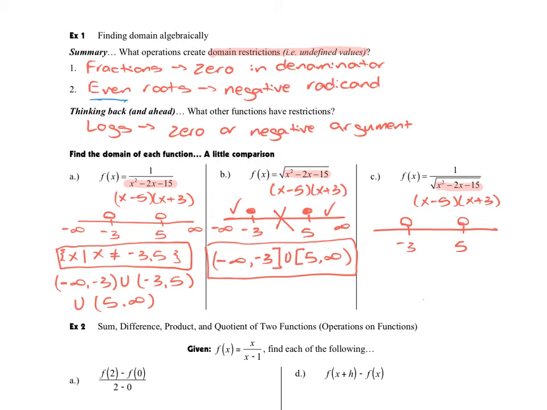Then I would test each of the intervals just like I did in example B, and I would find that the radicand remained positive in these outer intervals, and the radicand became negative in the middle interval. So my final domain, I always like to put these infinities on here, will be negative infinity to negative 3, and this time I'm going to use all curved parentheses, 5 to positive infinity. So there's my other domain.